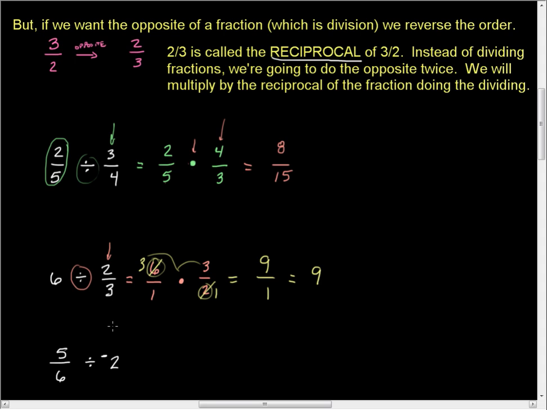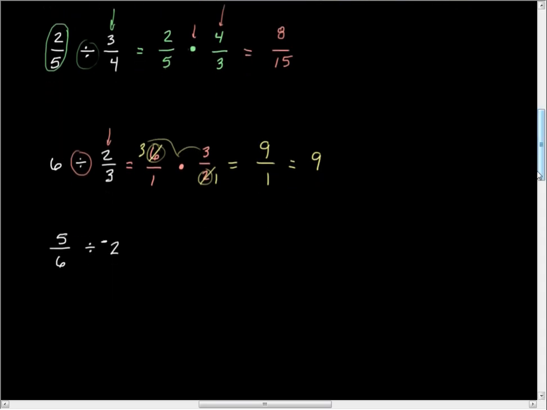Let's do one more quick. Don't forget, the idea here is to rewrite any of the integers into fraction form. And we're going to add a step here, because I don't want to put too many steps in one. Just as in all the other divisions, we're going to keep the first one the same. It's already a fraction, so we don't have to rewrite it.